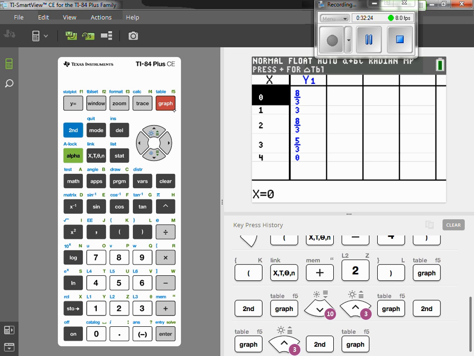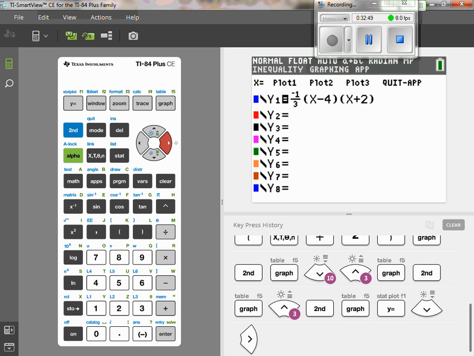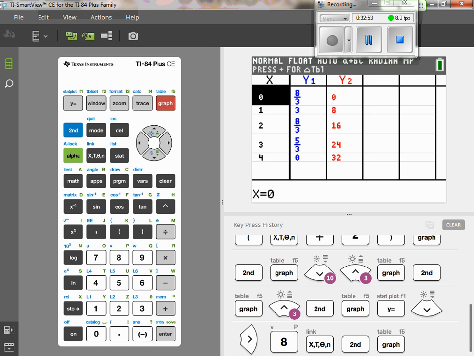Second graph will give you the table. Second graph will give you the XY table. And looking at the table, because we plugged the function in y1, that first one, the y values for it will show up here. If I plug it into the second one and go second graph, it will be in the second one.